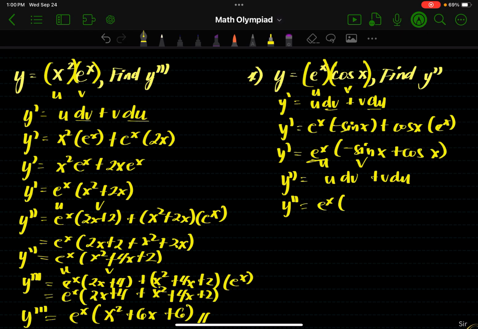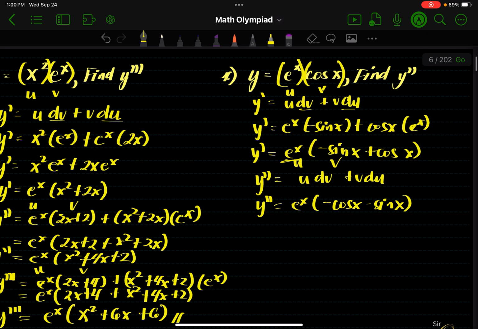And then the derivative of v is negative cos x minus sine x, plus copy v, the negative sine x plus cos x, times the derivative of u, which is e raised to x.